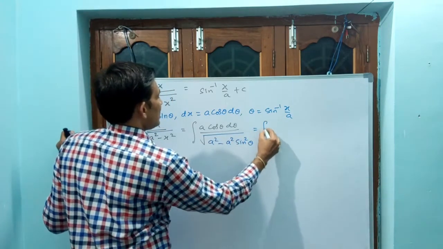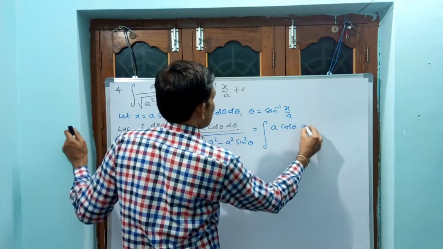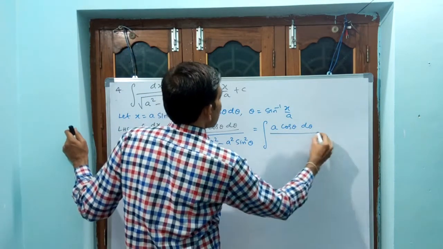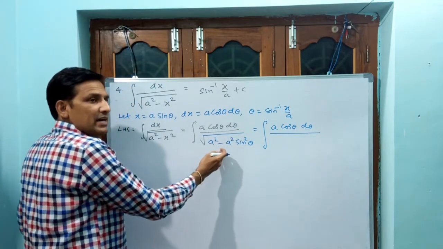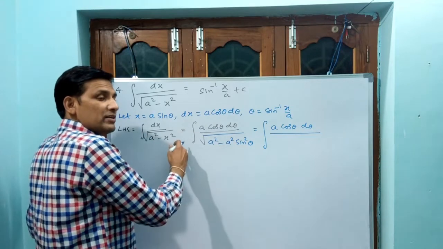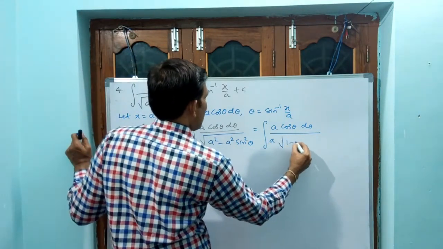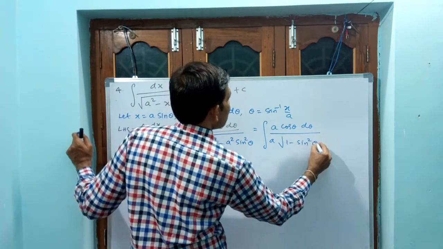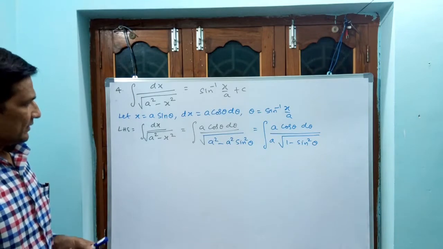That is equal to integral a cos theta d theta divided by, here also I have taken a square common and taken it out. If you take a square out, it is going to become a, times square root of 1 minus sin square theta. Is it okay?